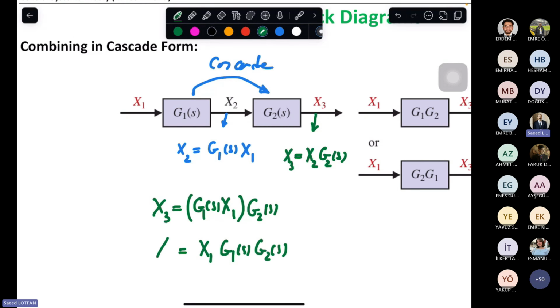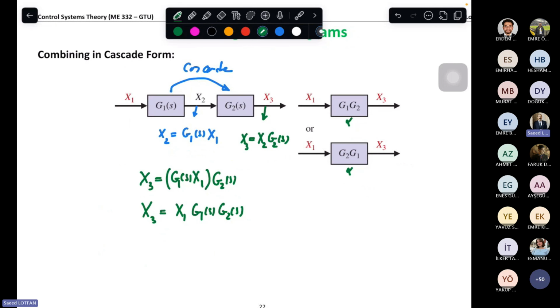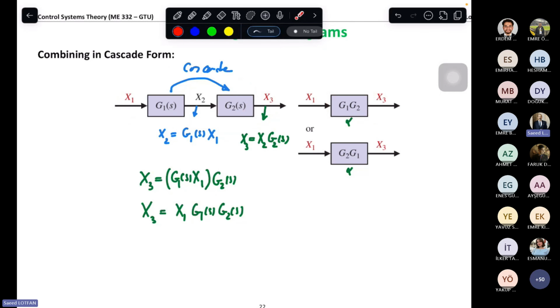What this relationship shows is that if you have cascade G1 and G2, to simplify them you can have just the multiplication of G1 and G2 together. Clear? So this simplifies to this. Two blocks simplify to one block. If they are cascade, they just multiply each other.